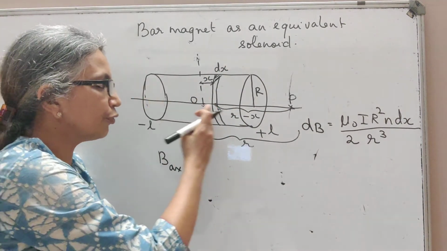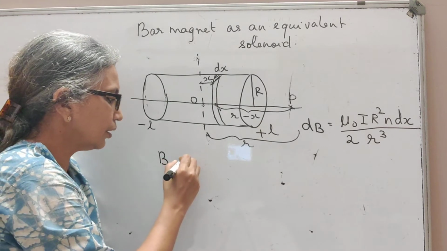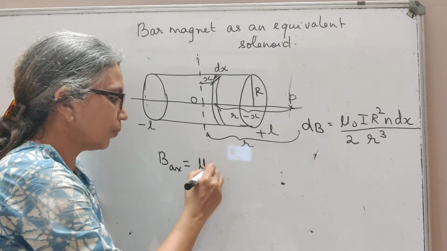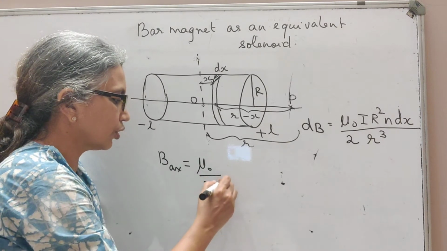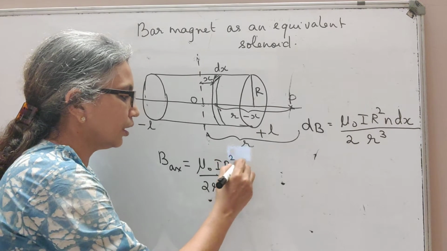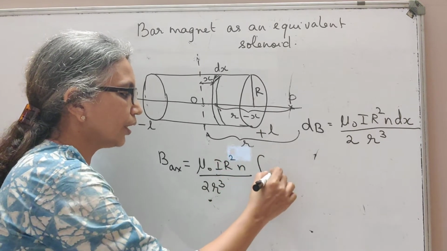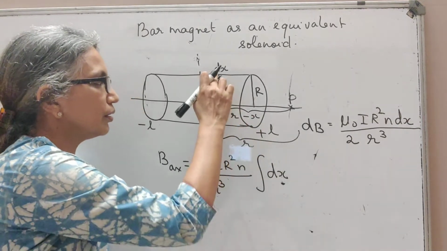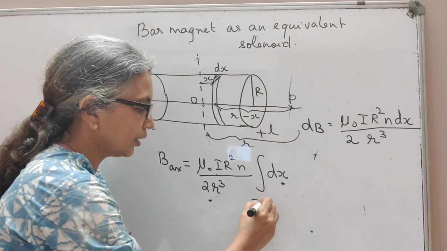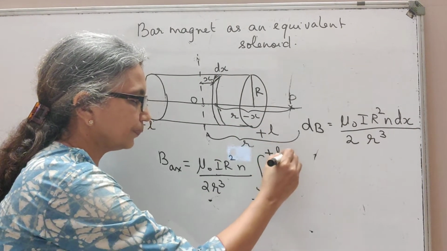Now if you want to find for the whole solenoid, this is the total field, mu 0 by 2r cube. On top I have I r square into n. I need to integrate the dx starting from minus L to plus L.